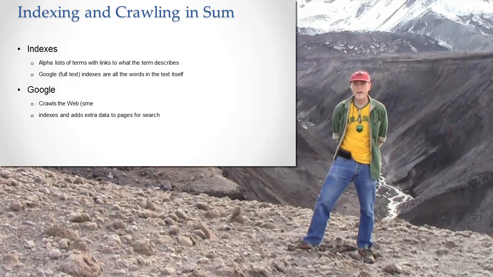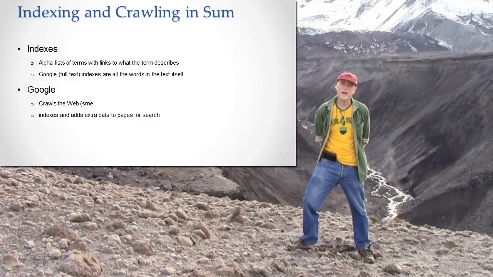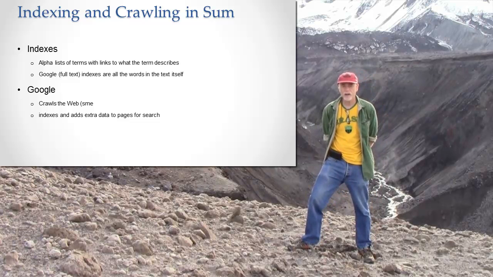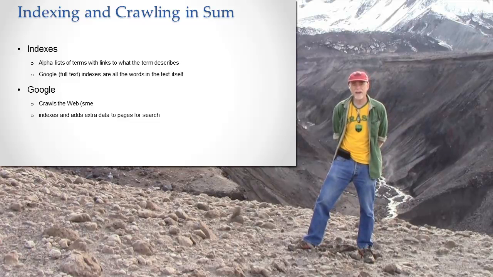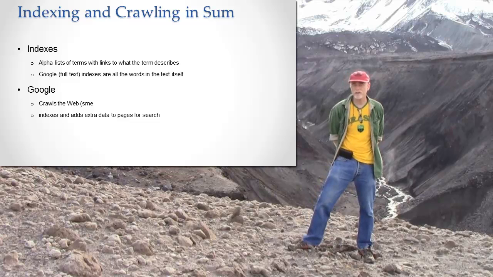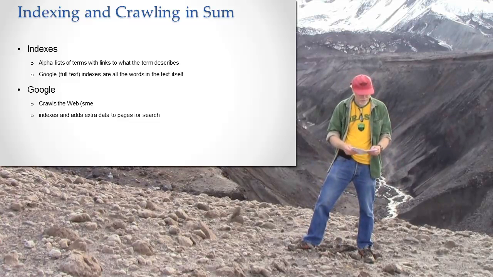A Google type index is literally all the words on the page. Now, why wouldn't Google have that same kind of index like we have in the back of a book, where we make up some words that may not even be on the pages of the book? Because it can't. It's just a machine. All it can do is read all the words on the page and shake up that page and turn that page into part of its alphabetical or full text index. So that's the general idea of an index.